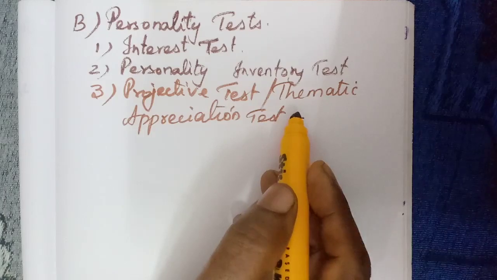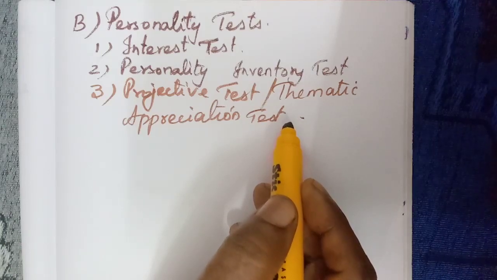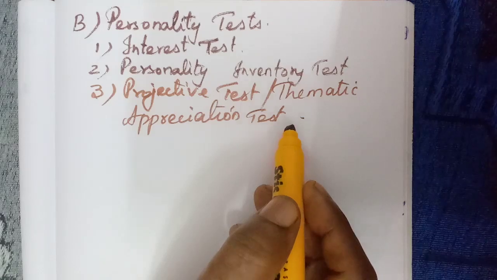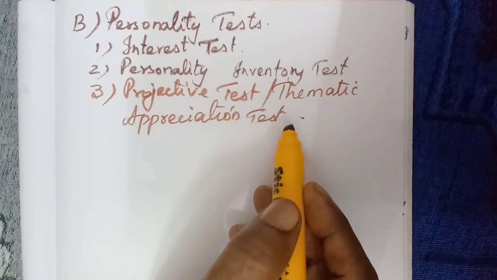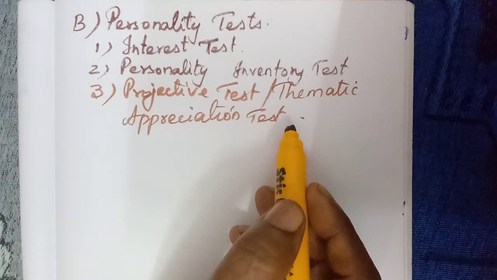How? They will show some pictures or figures, and they have to narrate or interpret that picture. So how a person is interpreting a picture, they will judge their attitude or their values, how great values he is having, or like an ordinary person they are analyzing by seeing a picture.